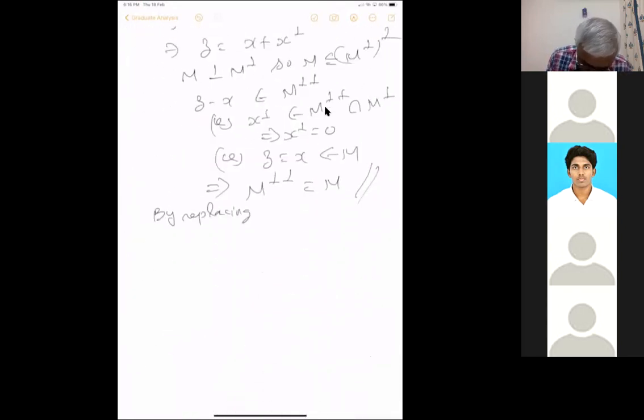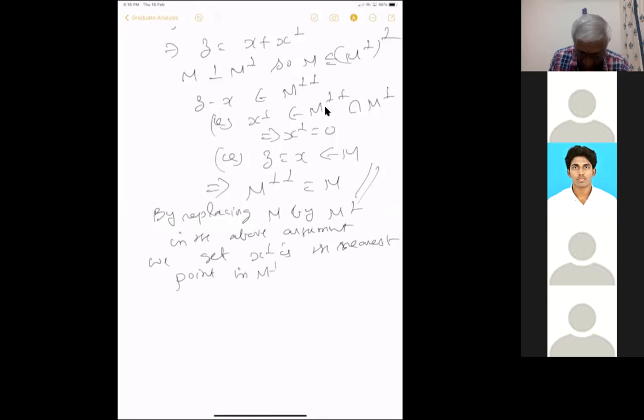By replacing m by m perp in the above argument, we get x perp is the nearest point in m perp to y. So we have proved everything in this theorem.